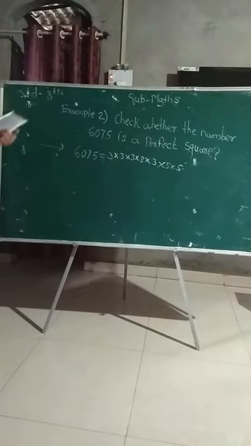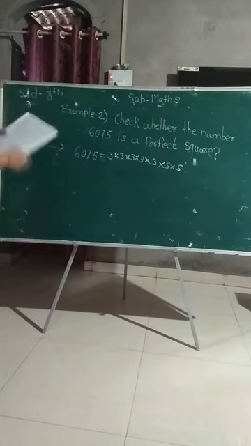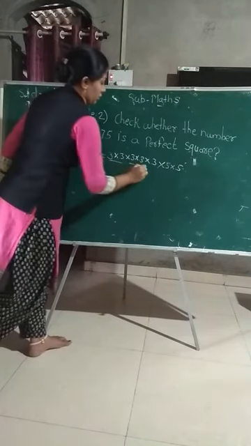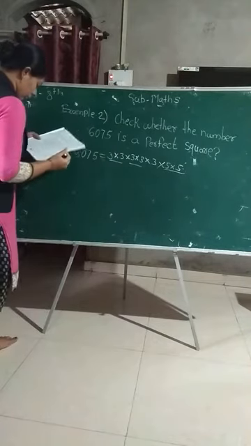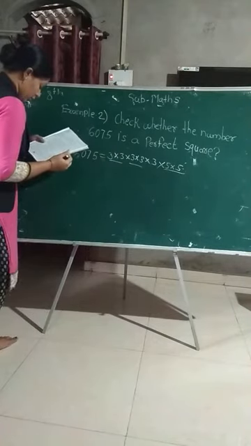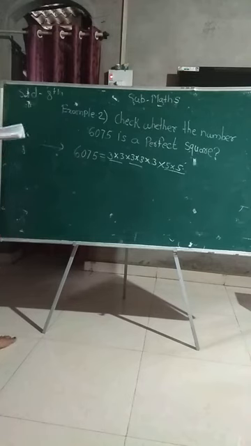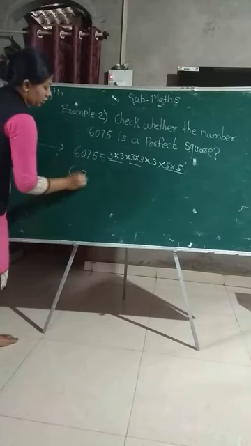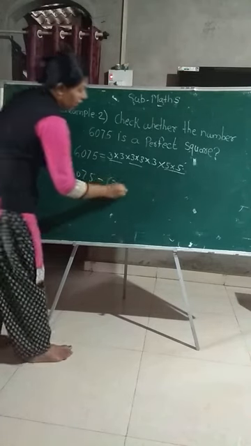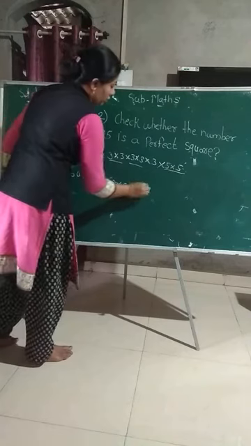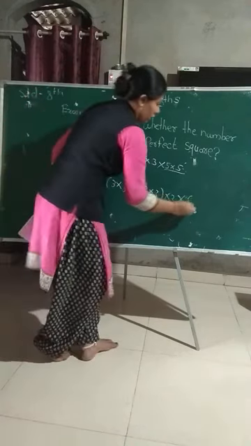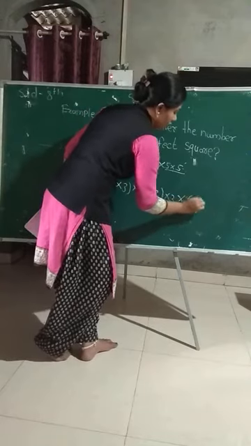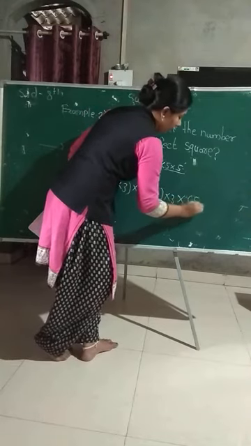Now make groups of pairs of equal prime factors: 3 into 3 into 3 into 3 into 3 into 5 into 5.